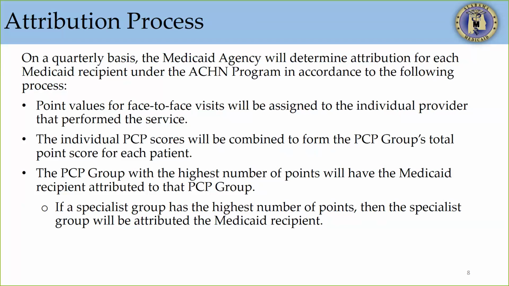This, of course, assumes that there are multiple providers in any given group. Finally, the PCP group with the highest number of points will have that Medicaid recipient attributed to the group. And as mentioned, if a specialist group happens to have the highest number of points, then the specialist group would be attributed the recipient.